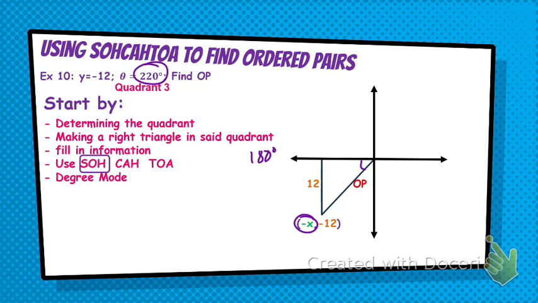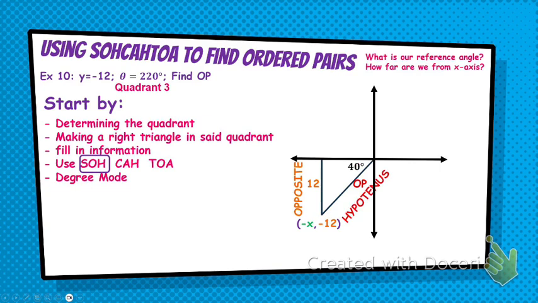And we would say that's 40 degrees. So now I'm going to look at my given angle of 40 degrees. The opposite side I have is 12, and what I'm trying to find is the hypotenuse. So with respect to the angle, I have the opposite, and I need to find the hypotenuse.